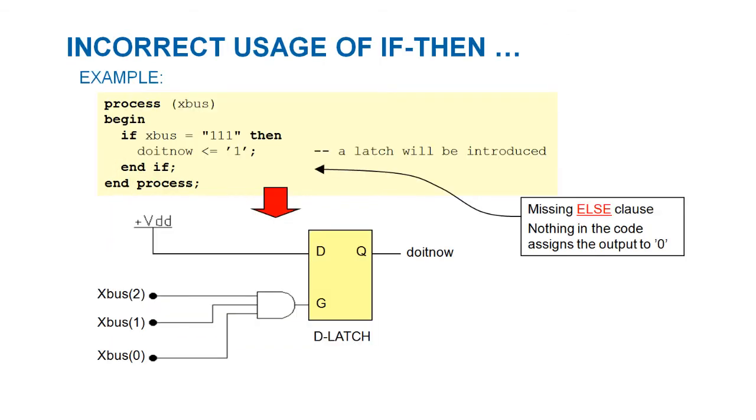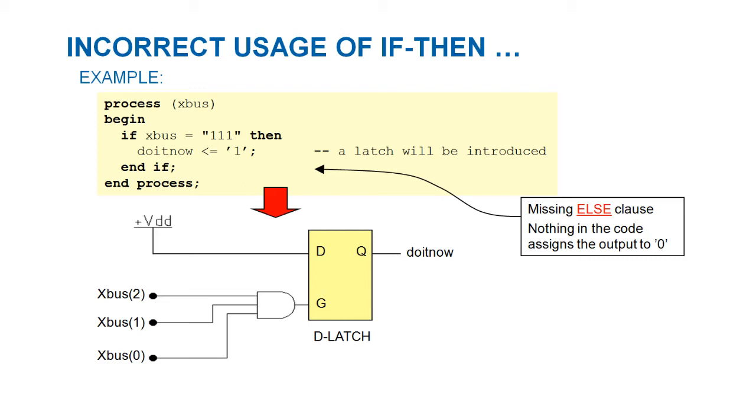Here is an example of an incorrect or unrecommended usage of if-then statement, because in this execution we have omitted the else clause. So here we have the same implementation as in the previous slide, but now we have forgotten to include the else clause, and what this means is that we have a latch.